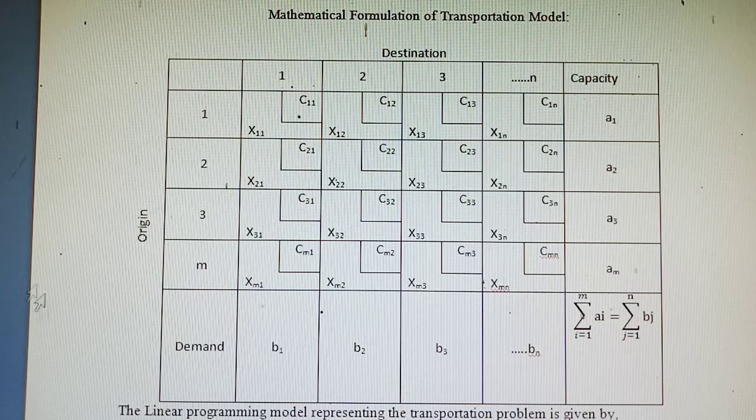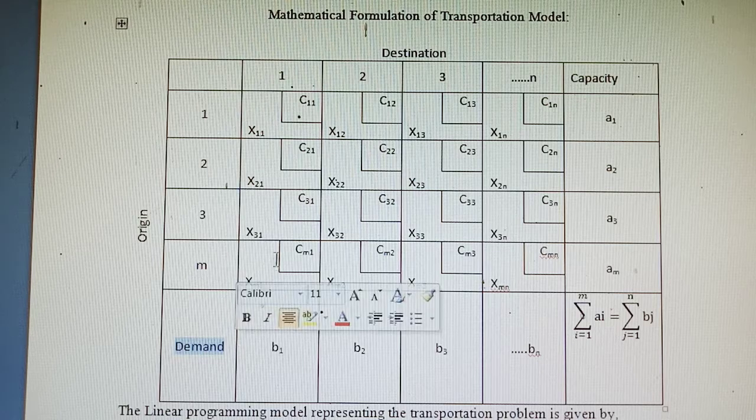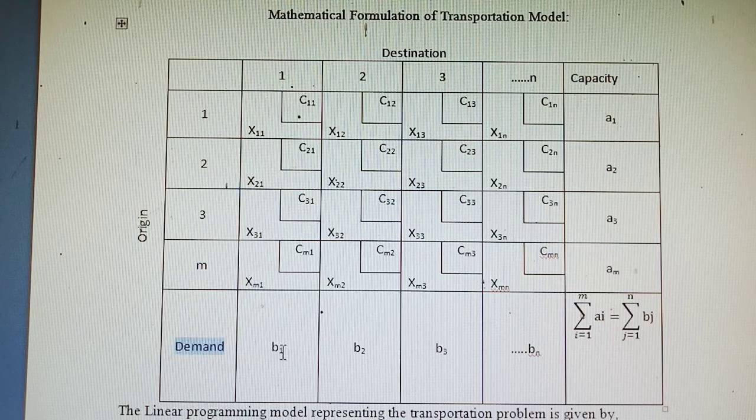On the left hand side is the origin, and at the top we take the destination, and the origin capacity can be taken in row sum, and the destination demand is taken in column sum.